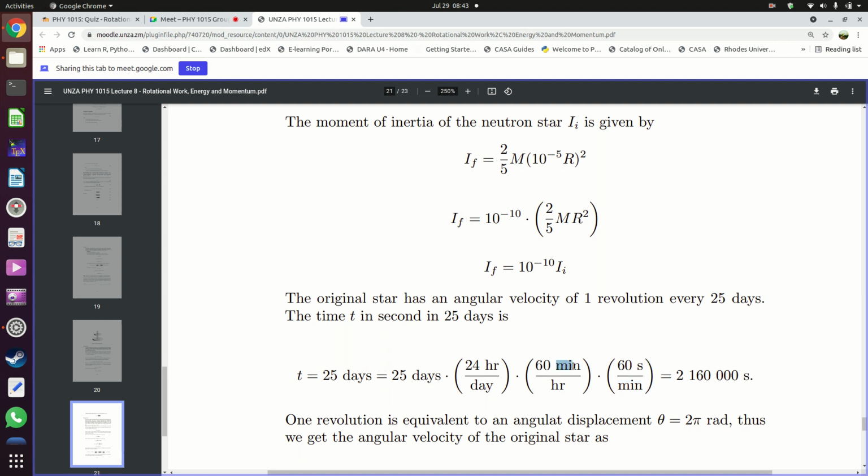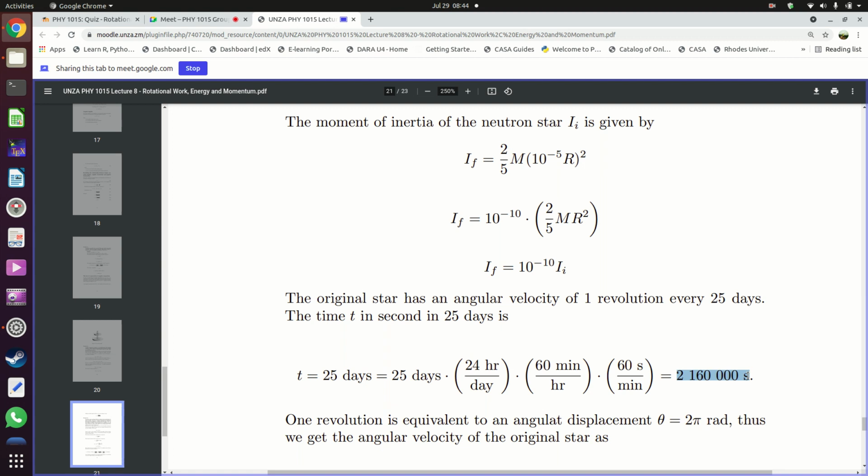At the end of the day, 25 days expressed in seconds is just 25 times 24 times 60 times 60, and that gives us 2,160,000 seconds. Is this clear? This is how much time in seconds passes. Is that clear to everyone?